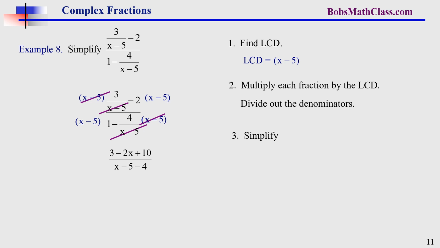And on the bottom, 1 times x minus 5 is just x minus 5. And then don't forget to bring down the minus 4 because the x minus 5's cancel. So now we could add some like terms. And that will give you negative 2x plus 13 all over x minus 9. Wasn't too bad, right? All right, I'll see you here for the next one.